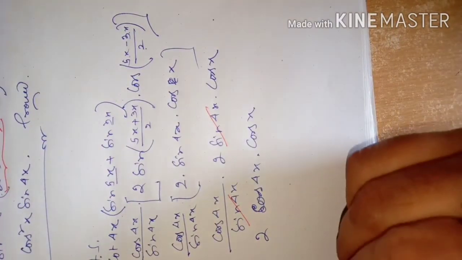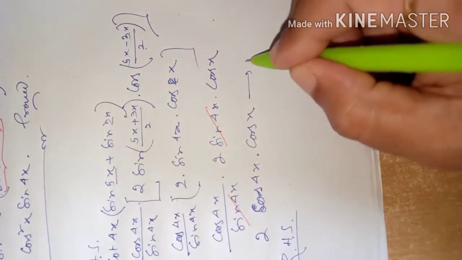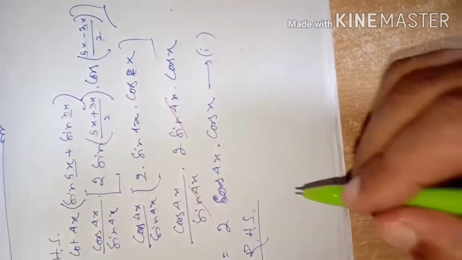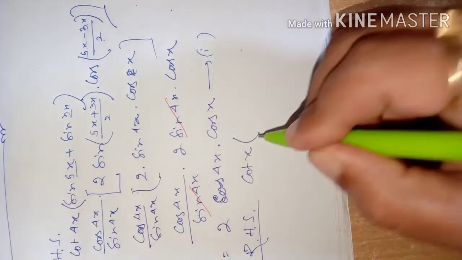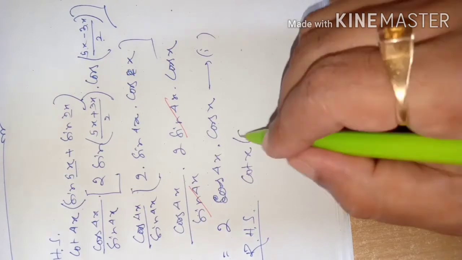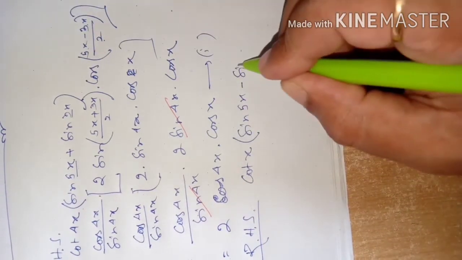Now the right hand side, you take the right hand side. So this is suppose 1. Now right hand side is what? That is cot x into, in bracket, sine 5x minus sine 3x.